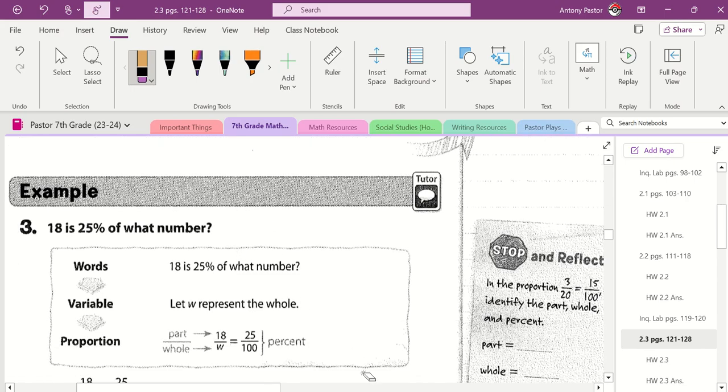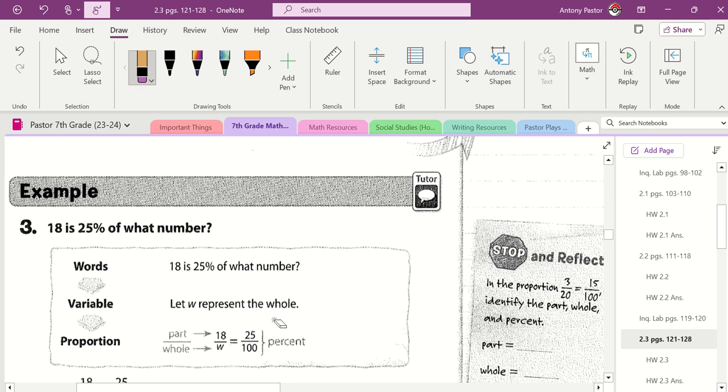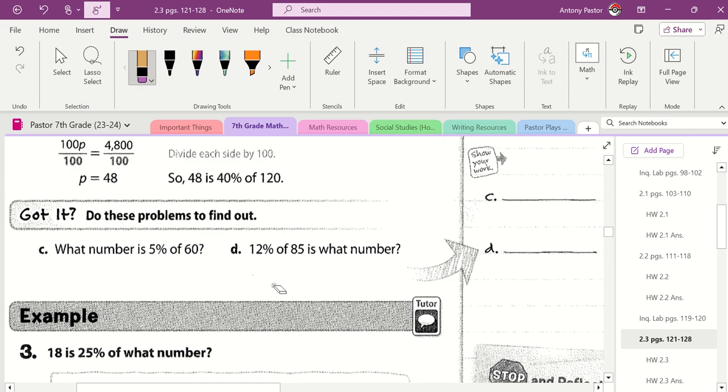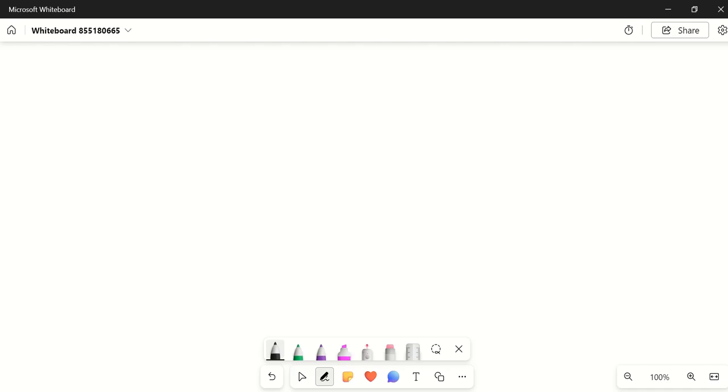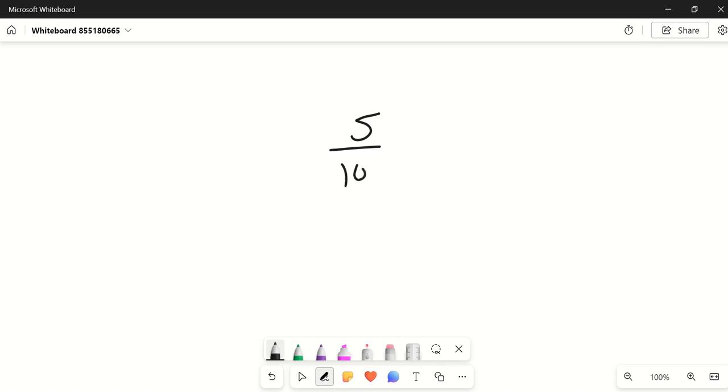18 is 25% of what number? So remember, we don't have the whole. Oh, I skipped these. Sorry, I skipped these. Let's do this one. What number is 5% of 60? So we're going to have 5%.